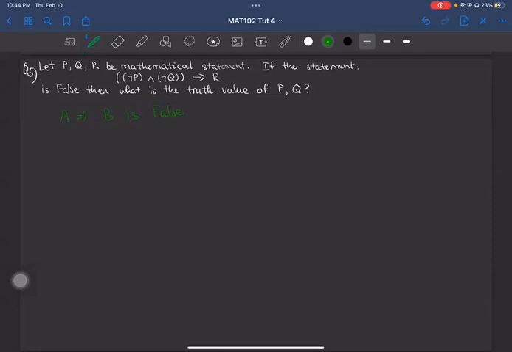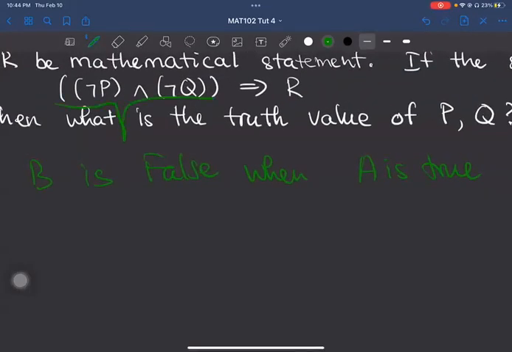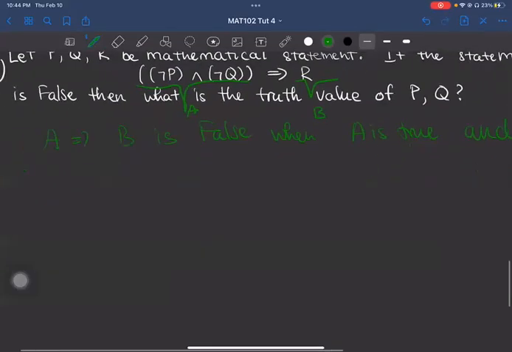And the implication is false when A is true and B is false. So here, this one here is A, this one here is B.